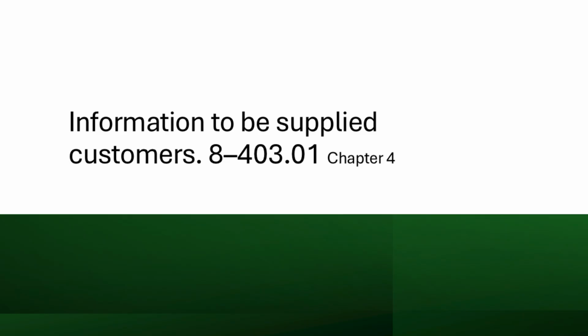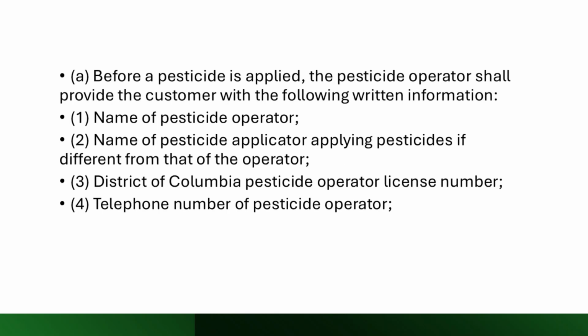Information to be supplied to customers. 8-403.1 Chapter 4. A. Before a pesticide is applied, the pesticide operator shall provide the customer with the following written information: 1. Name of pesticide operator. 2. Name of pesticide applicator applying pesticides if different from that of the operator. 3.